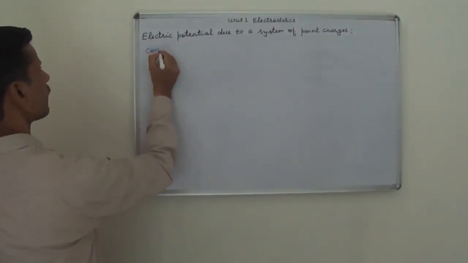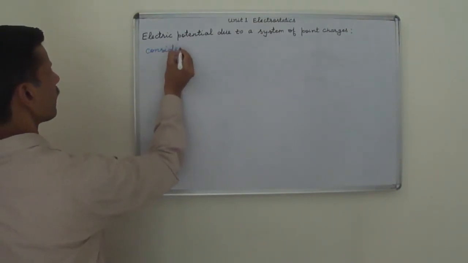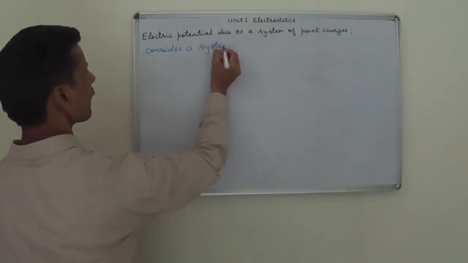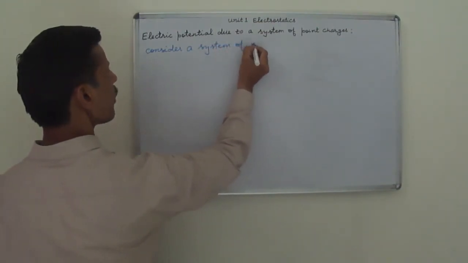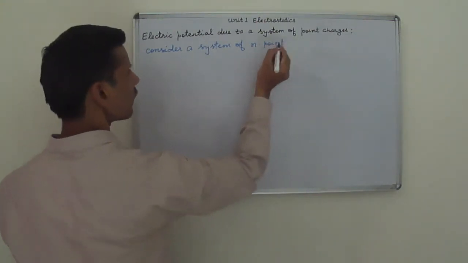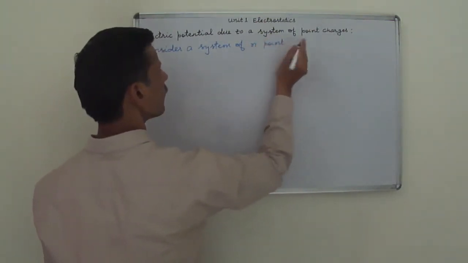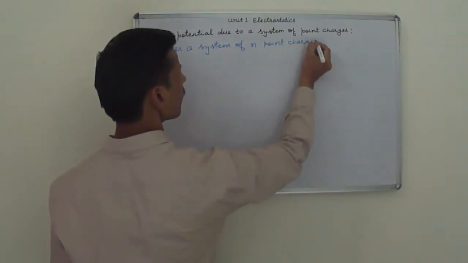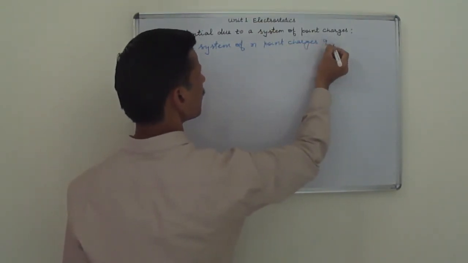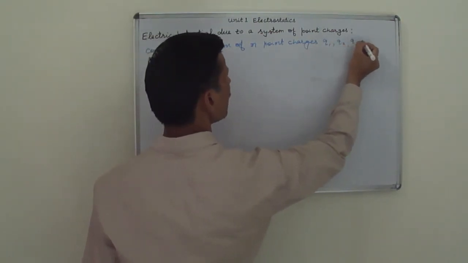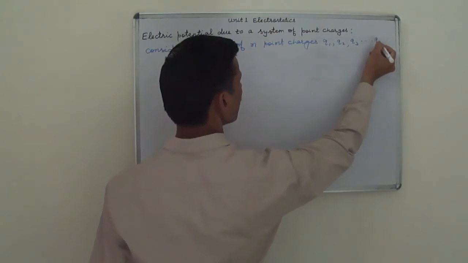Consider a system of n point charges Q1, Q2, Q3 and so on, Qn.